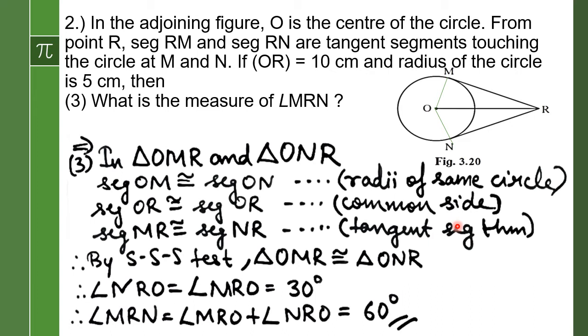So by the SSS test, triangle OMR and triangle ONR are congruent to each other. Now angle NRO is equal to angle MRO, which is 30 degrees. Therefore, angle MRN is angle MRO plus angle NRO, and that is 60 degrees. So we found the MRN measure. Okay, let's move on to the next part.